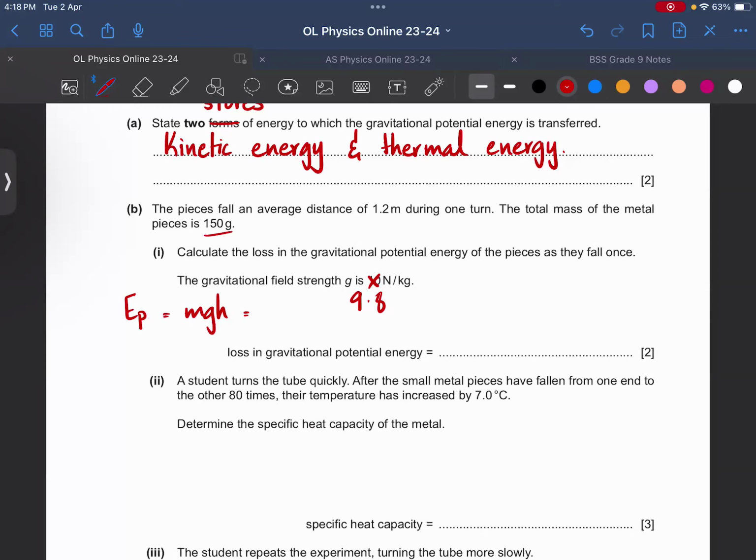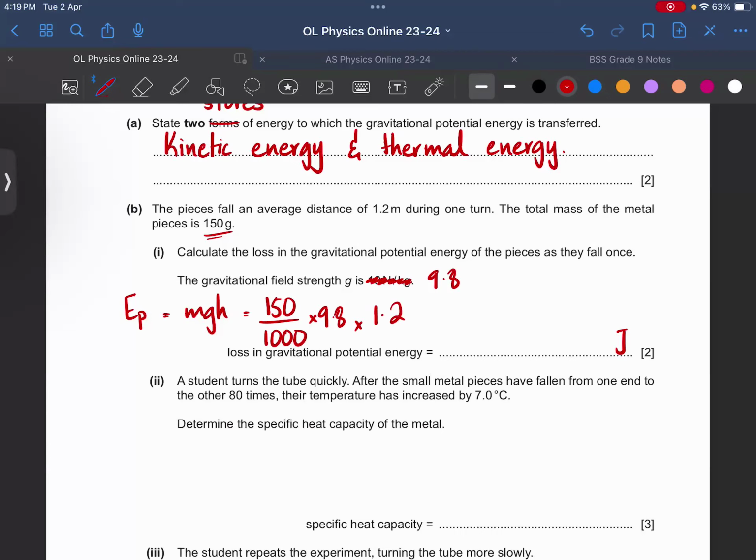Mass is in grams. If you want to give your answer in the standard SI units, you need to make sure everything you plug into your formula is also in the SI units. Grams is not the SI unit, kg is, so I divide by 1000. Small g is 9.8. And the height h is 1.2.